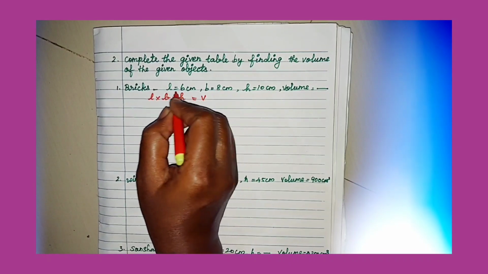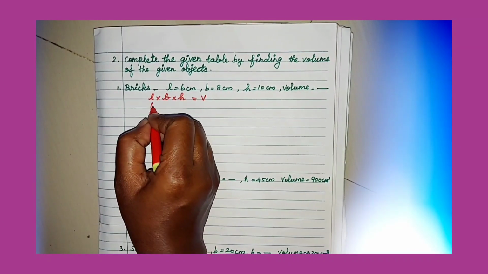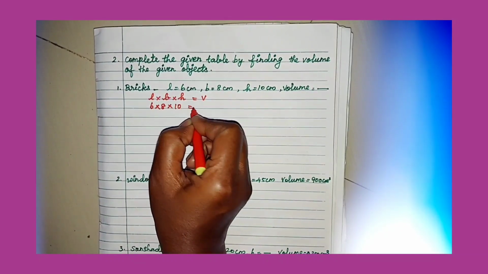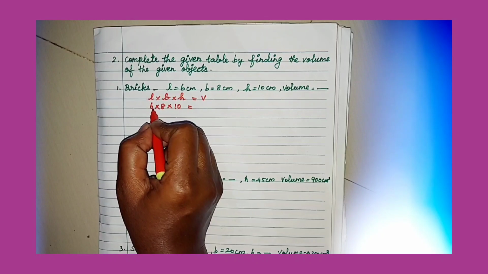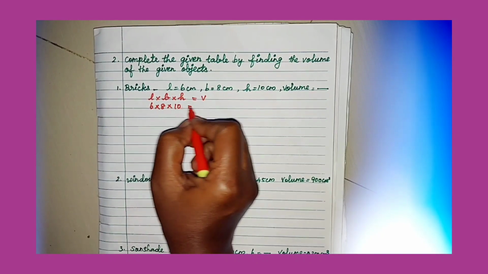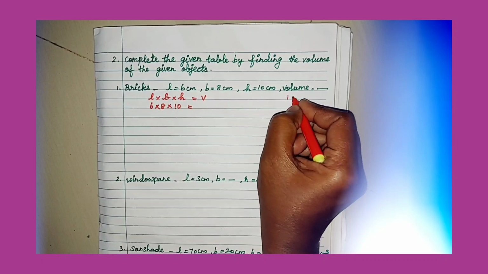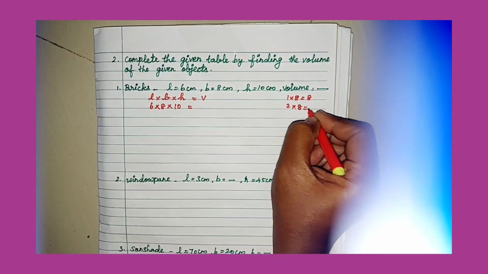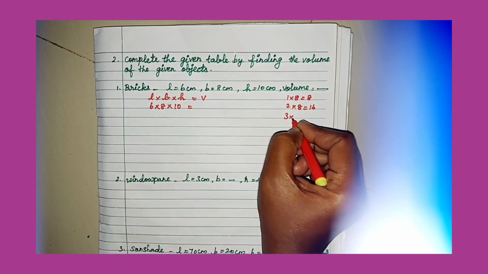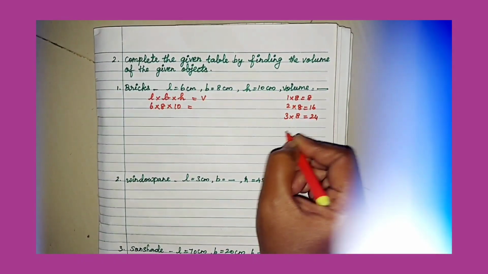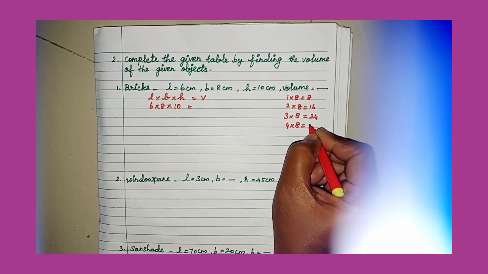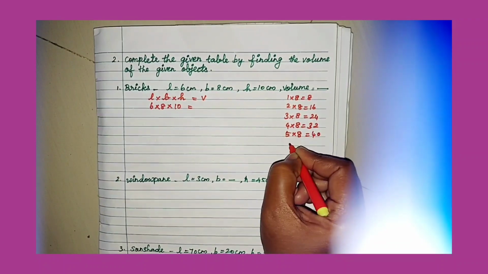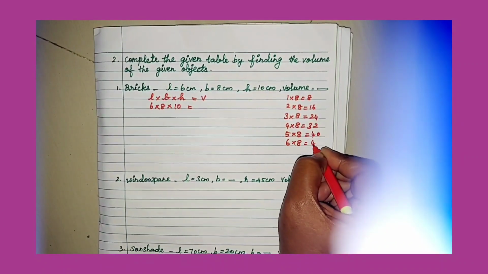So the given values are 6 into 8 into 10 is equal to, now multiply the values. 6 8s are: 1 8 is 8, 2 8s are 16, 3 8s are 24, 4 8s are 32, 5 8s are 40, 6 8s are 48.